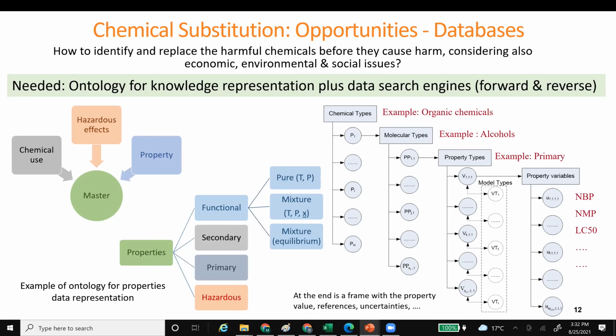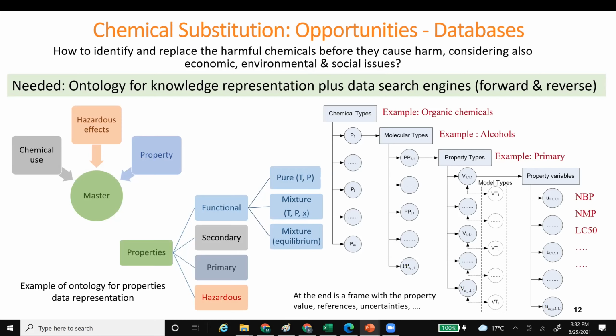So we can start from the right, from the properties, go back and find the chemical and what type of property it is and what kind of application it is, or we can go the forward way, giving the chemical, getting the property. So all of these are possible.